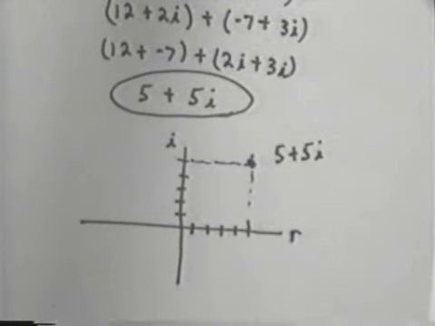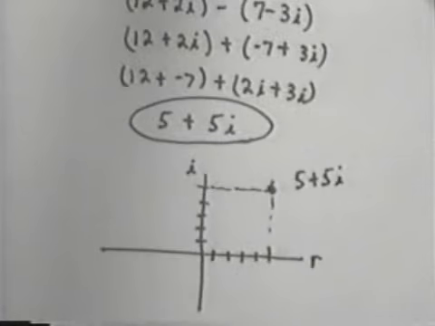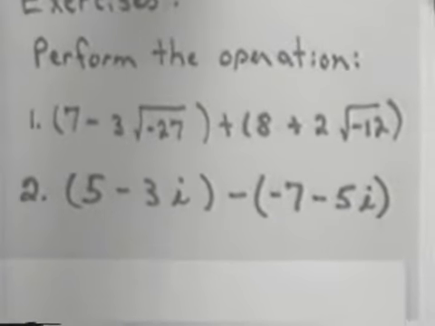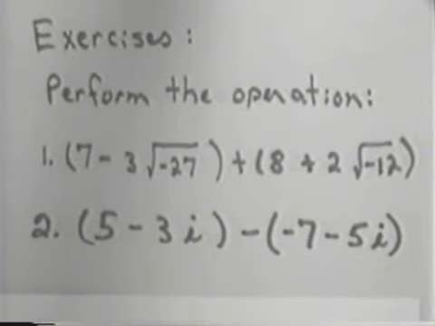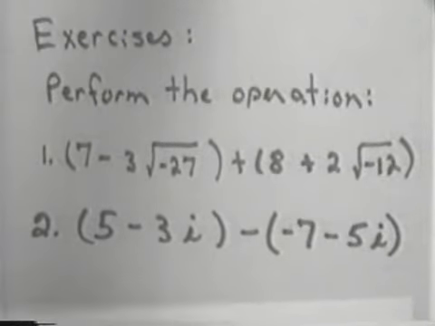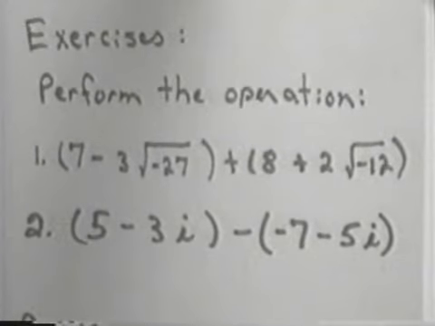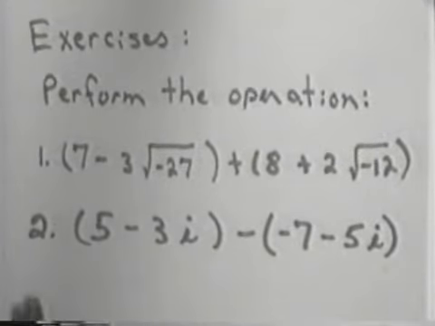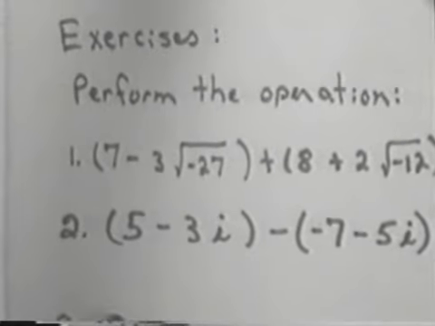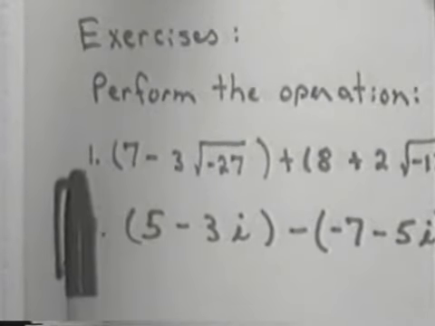Now I'm going to give you some exercises to make sure you understand the adding and subtracting of complex numbers. Exercises. Perform the operation. It's going to be hard for you to see all of this, so what I'm going to do is to kind of scroll it over.